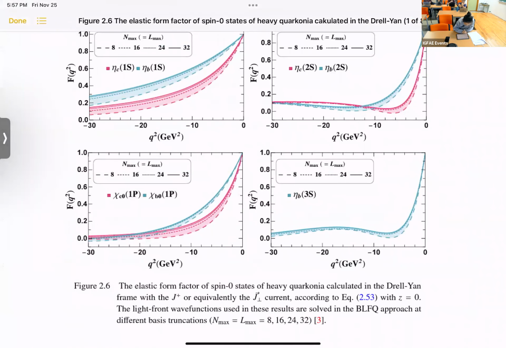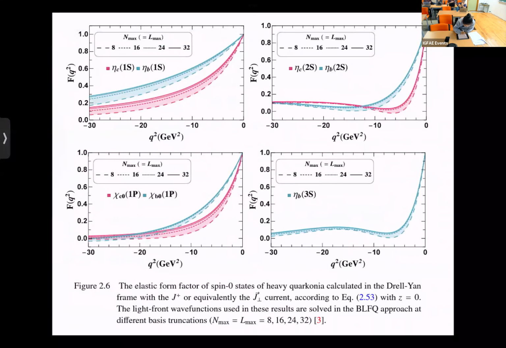As I told you, if you look at the elastic form factor, for example, eta_c and eta_b, of course here we are plotting Q², the negative q². So it starts at 1 and goes down. And for the 2S state, since its wave function has a node, it has a node when it goes down.